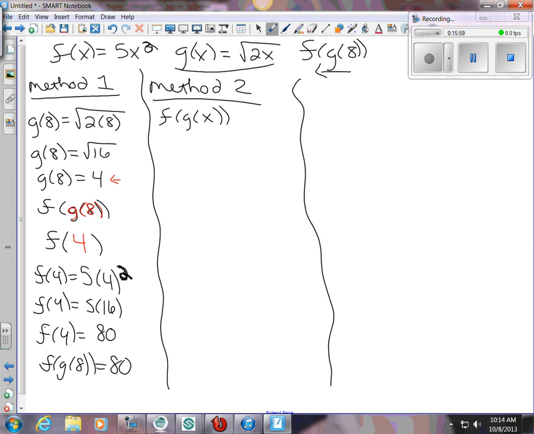Except one extra step. So what's going into what? G is going into f. So g, square root of 2x, is going in for f. So 5 times square root of 2x squared. It's the same thing we've been doing. Okay.